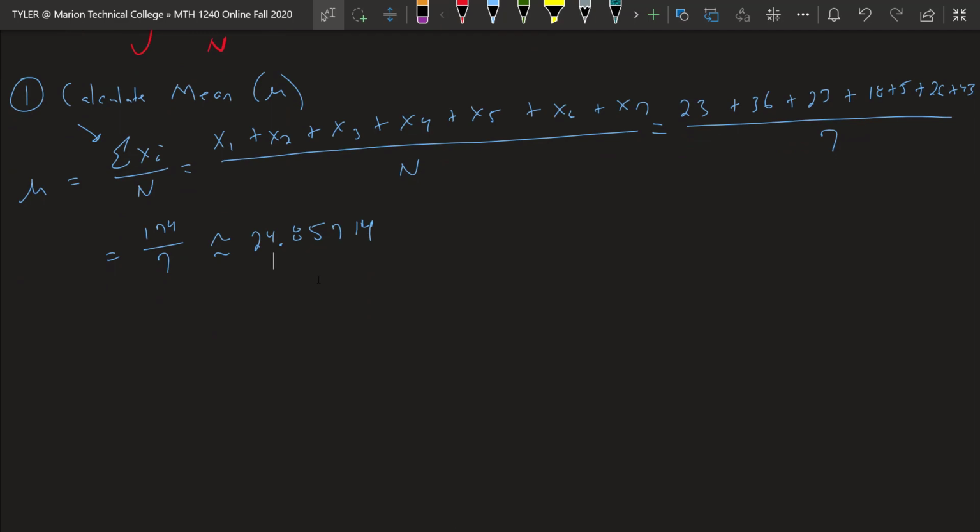Then the next step that you want to do is to build the table.